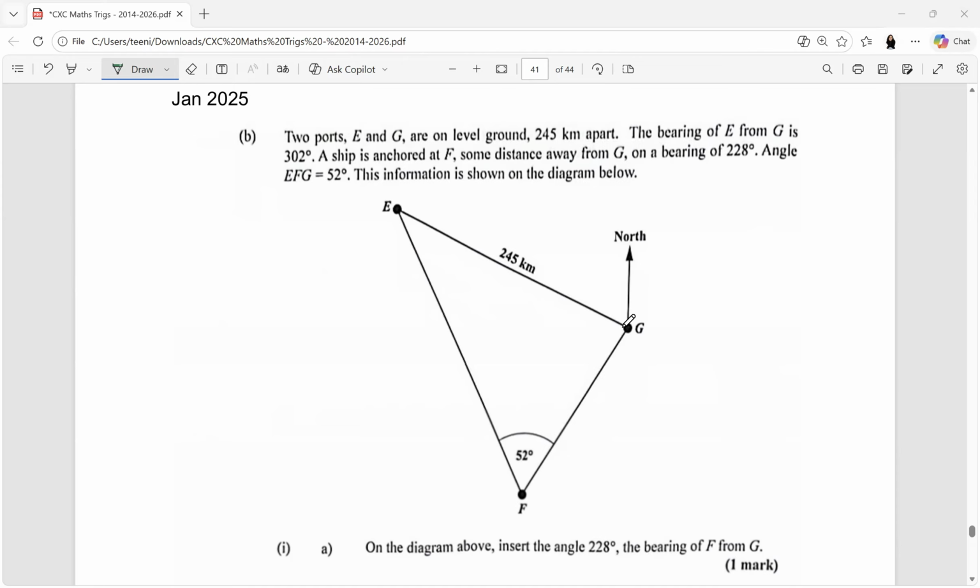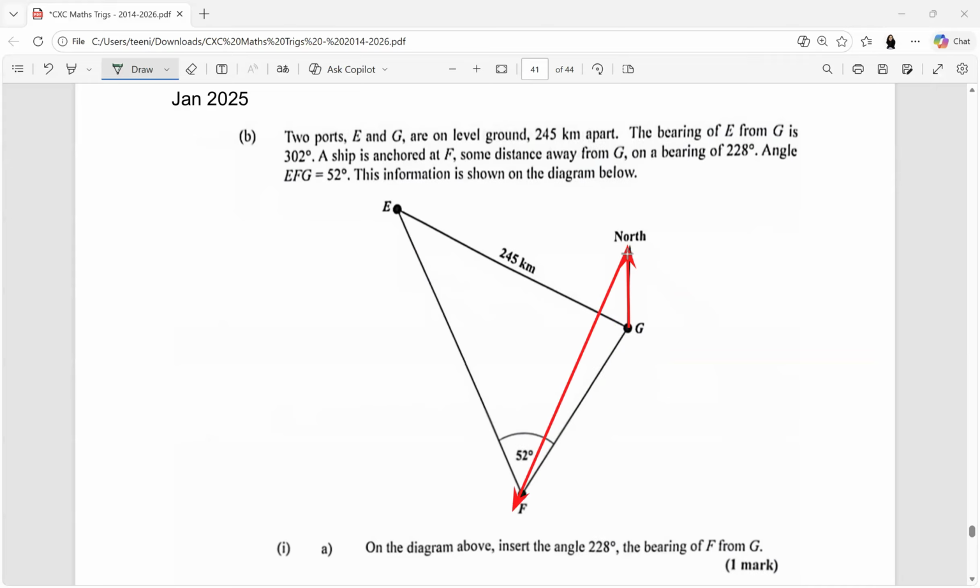So remember, again, the bearing of F from G means you're starting at the north line here at G, since that's your from, right? From means that's the starting point, and it's the clockwise angle, so all the way from the north line to F. Let me do this over because that looks confusing.